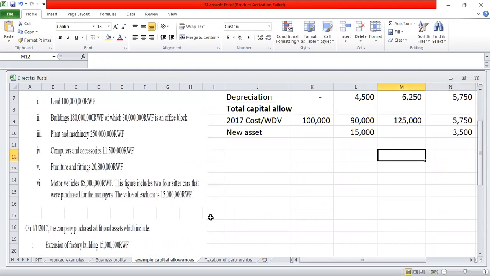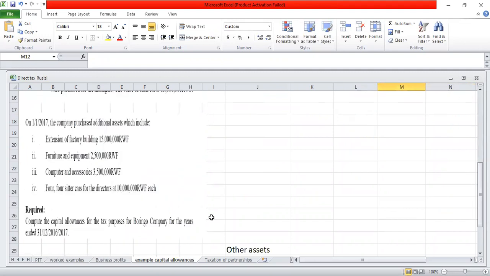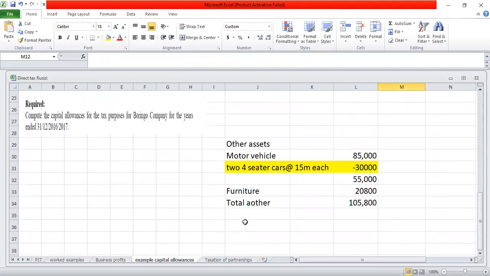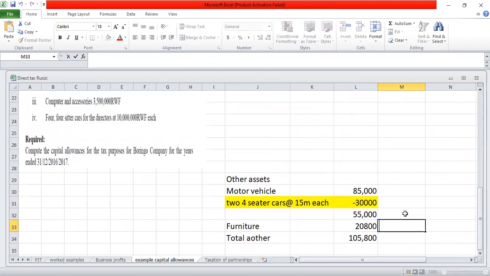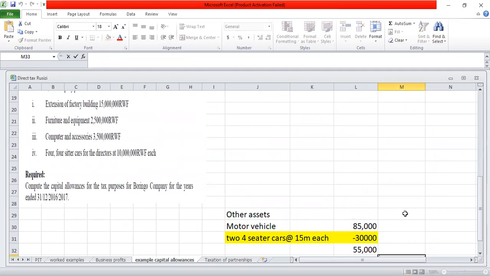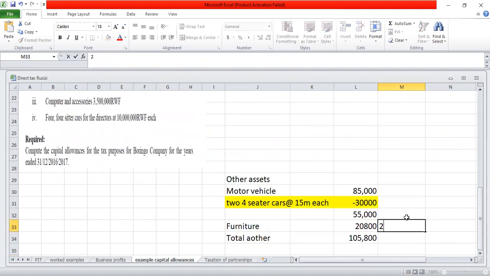Then I have furniture, that is the new asset. We have furniture of how much? Furniture of 2.5. 2.5, 2017. It was 2016.